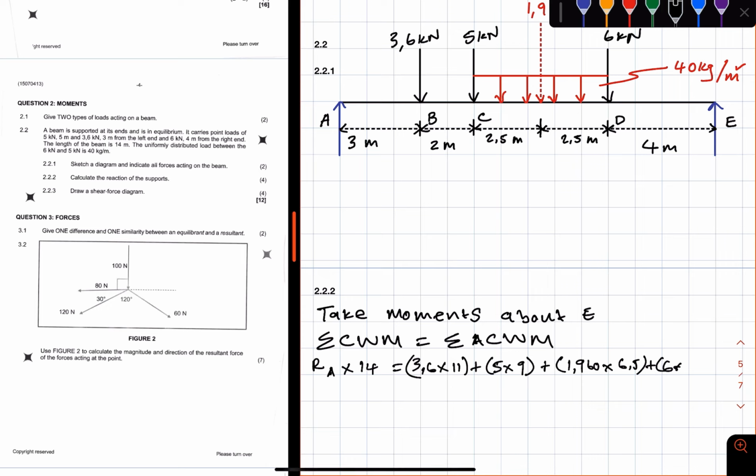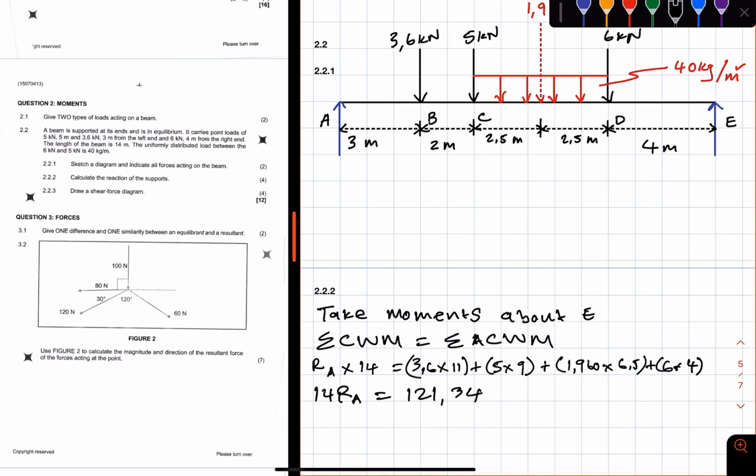Right. So we could have some space this side, so times 4. So this becomes 14 RA is equal to, now if you punch all of this in on the right, we are going to get 121.34, right?